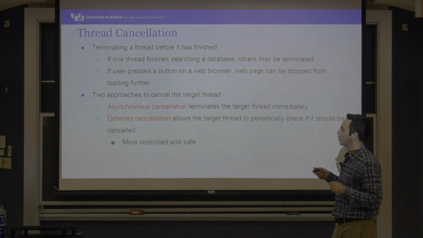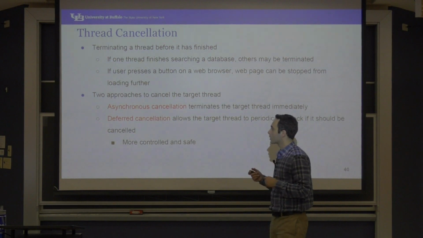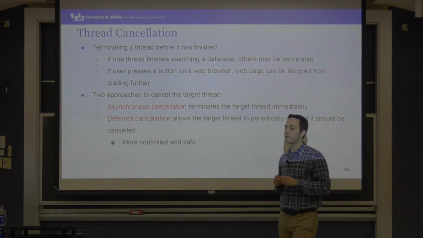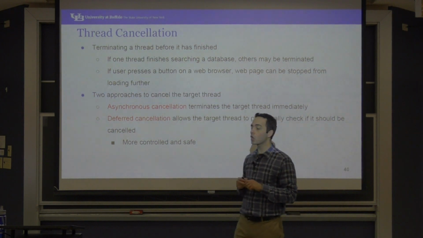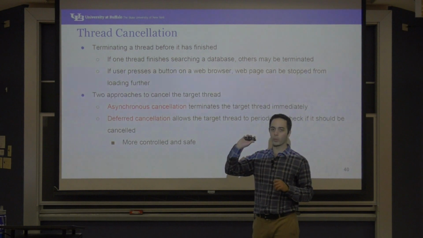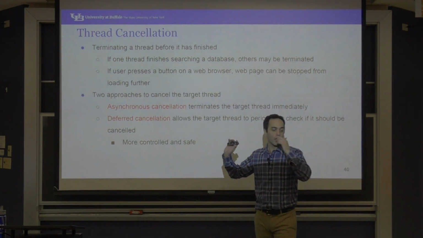There are also two ways to request that a thread be stopped. There is asynchronous cancellation, which terminates the thread immediately. If you tell me, okay, I found the phone, stop, then I stop.